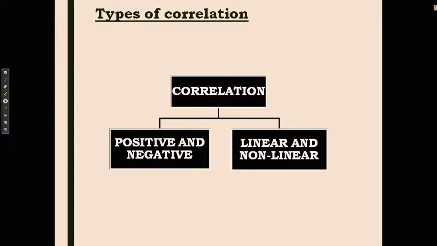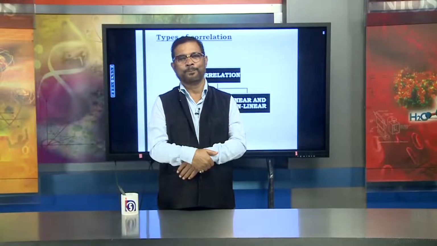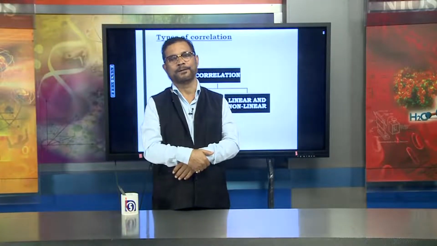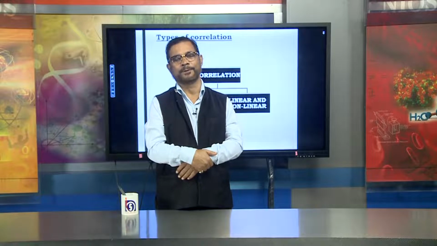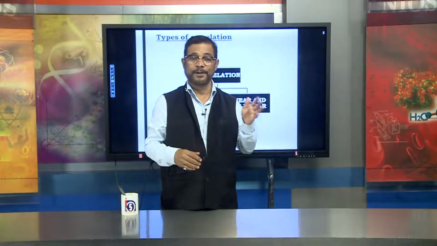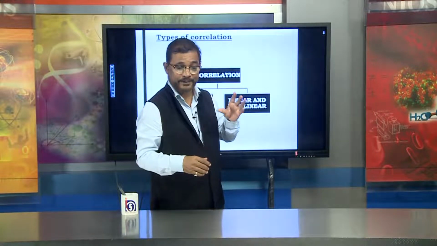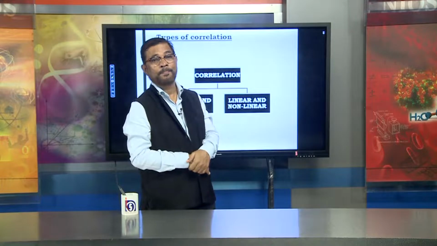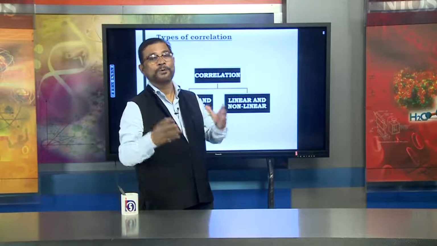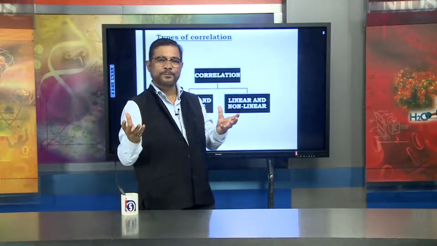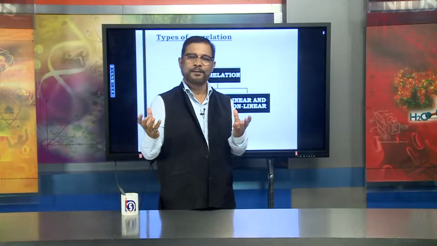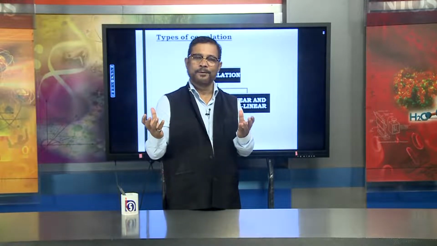Now it has made my work easier to discuss the things in detail under this, because I have already imparted the previous knowledge about positive and negative correlation. So the explanation is simple.